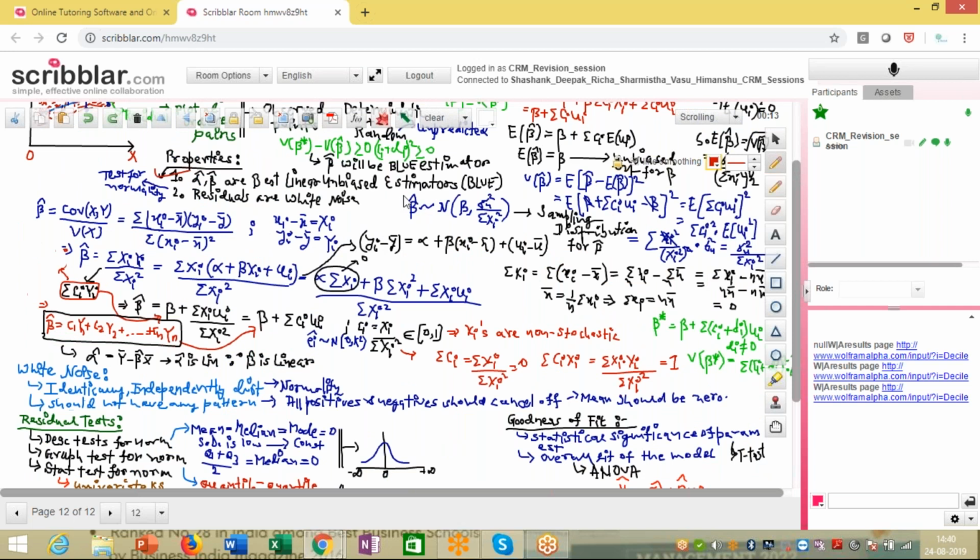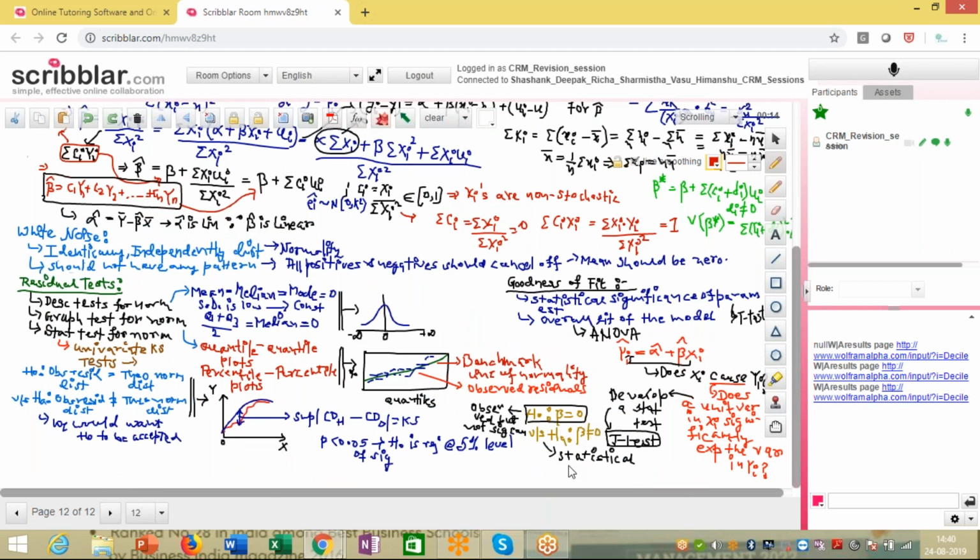Beta hat follows a normal distribution with a mean beta and a standard error, and the variance of beta hat is this, and this variance is the best, that is, the minimum variance amongst the class of unbiased estimators. So over here what I have is a statistical significance.